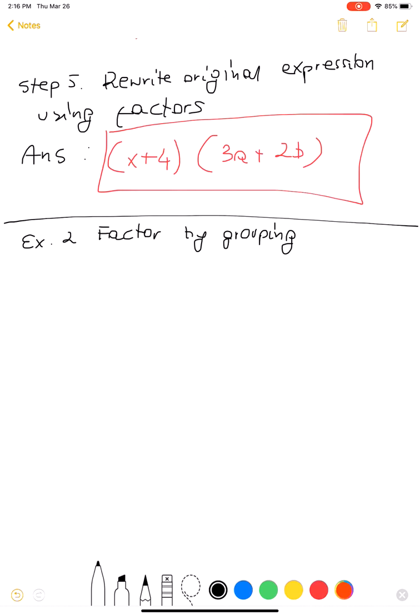So we have 5x plus 10y plus ax plus 2ay. So step number 1, I'm not writing them, but I'm going to explain, you put them into groups. You create 2 groups. Like I mentioned, usually the first 2 go together and the last 2 go together.